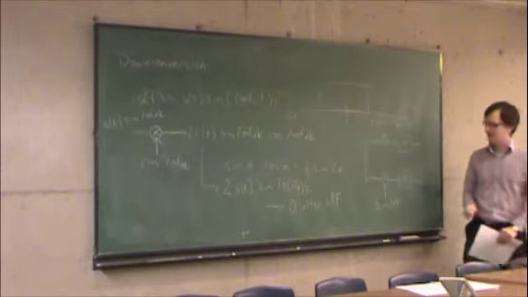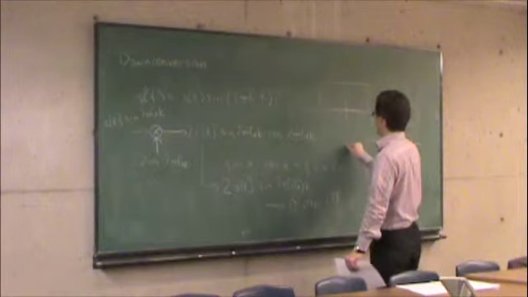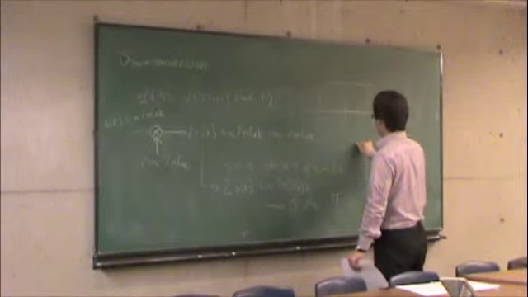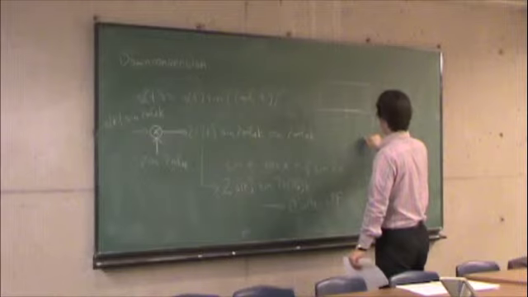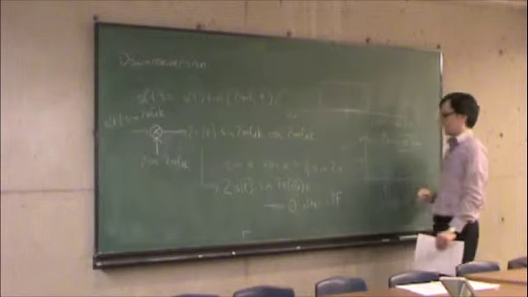If I have S of k cos 2 pi f d k, then what do I get?